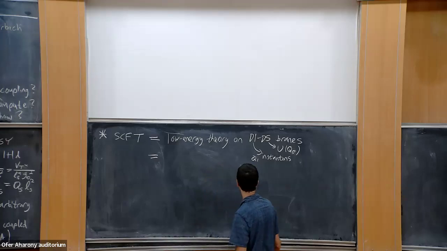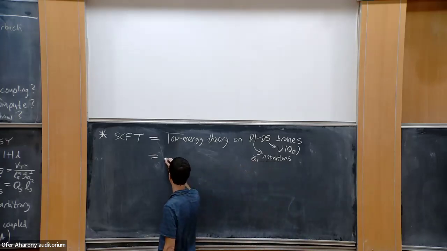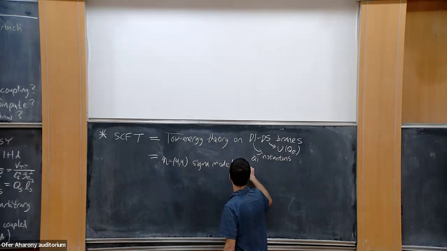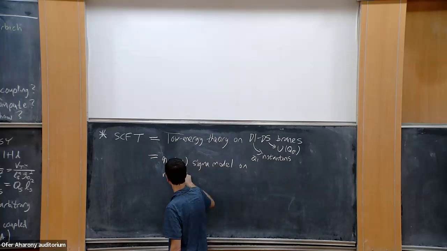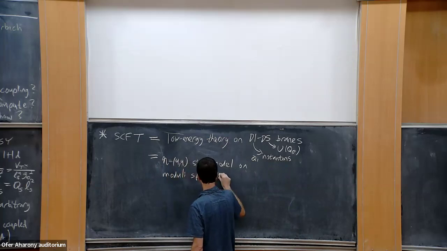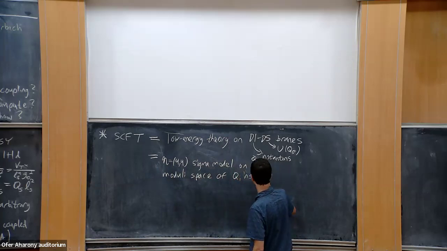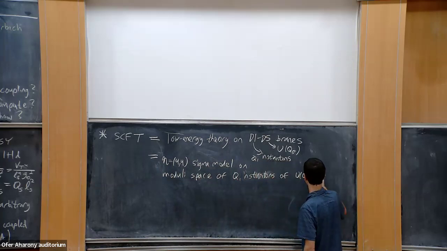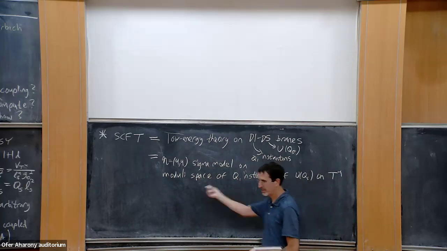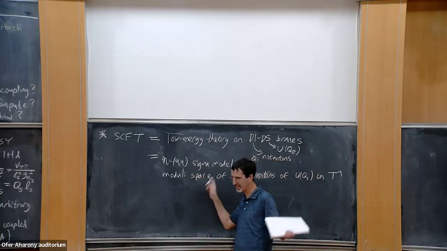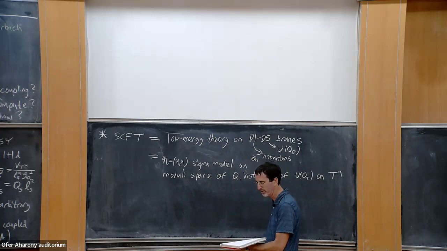One can show that the precise low energy theory is an N=(4,4) supersymmetric sigma model on the moduli space of Q1 instantons of U(Q5) on a torus. There's enough supersymmetry here that the metric on this moduli space doesn't get any quantum corrections, and one can show that the sigma model is indeed a superconformal field theory.